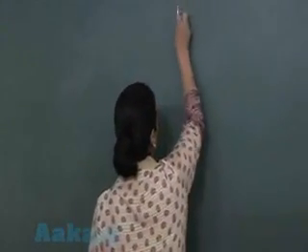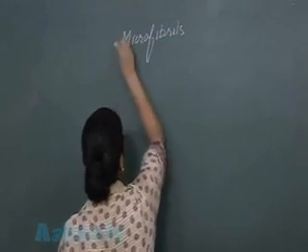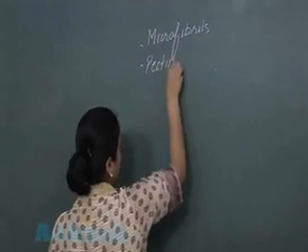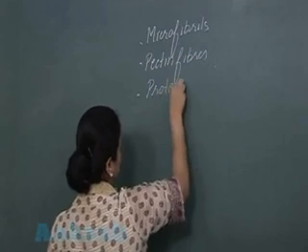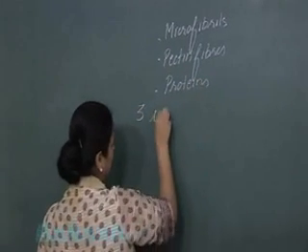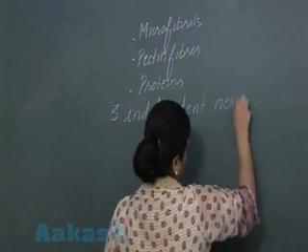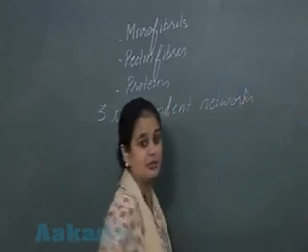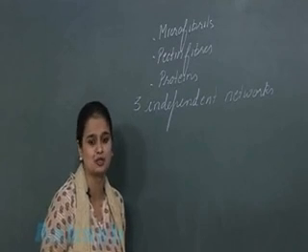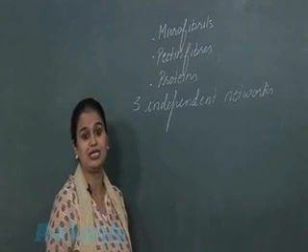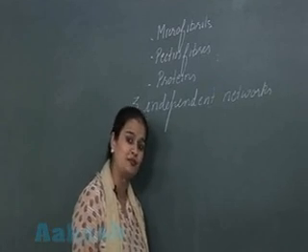Now in the cell wall, microfibrils, pectin fibers, and structural proteins, they form three independent networks. तो ये जो तीन फाइबर्स प्रेजेंट है, माइक्रोफाइब्रल्स, पेक्टिन फाइबर्स एंड स्ट्रक्चरल प्रोटीन फाइबर्स, they form three independent networks in the cell wall. So let's see how these networks will be formed.